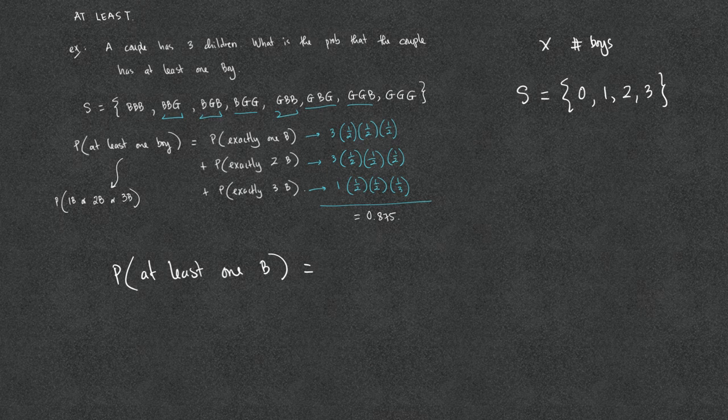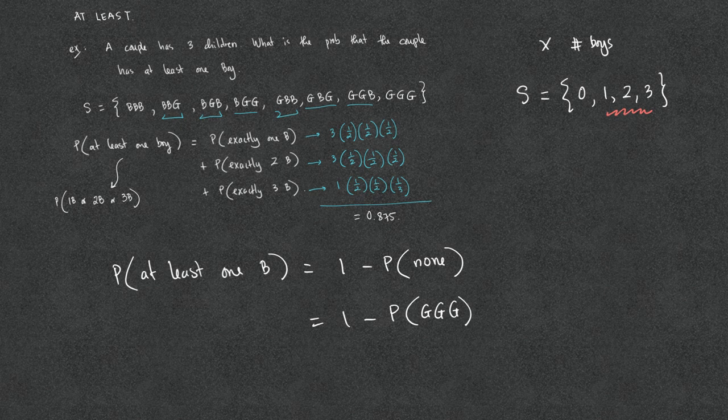Now, the probability of having at least 1 boy is the same thing as asking for the probability of having 1 boy or 2 boys or 3 boys, but notice that the complement of at least 1 is 1 minus the probability of having no boy. Now, 1 minus the probability of getting none of the boy is the probability of getting girl the first time, girl the second time, and girl the third time.